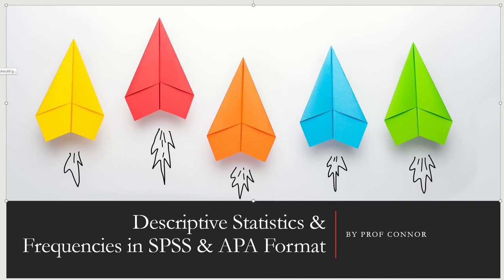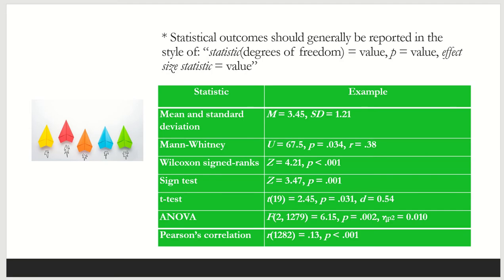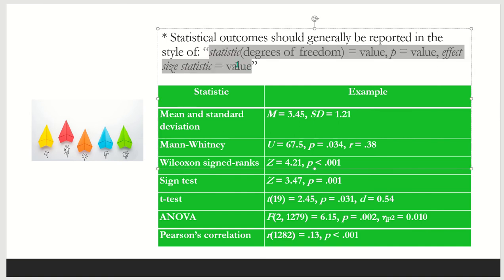So just to go over a little bit some of the basic rules for APA format and reporting numbers and statistics. The basic style of what it should look like can be seen here. When you are writing a statistic, it should be italicized.